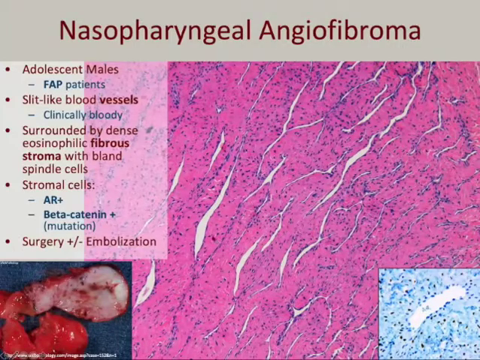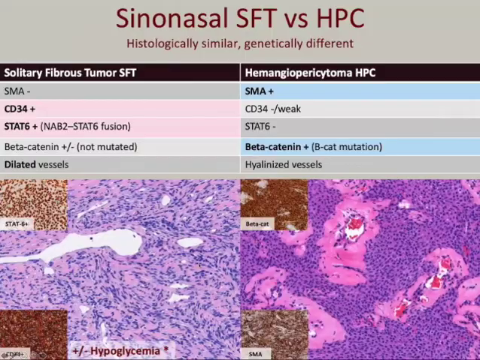The stromal fibrous tissue is positive for androgen receptor, as well as, of course, beta-catenin, both in patients with and without FAP. You can have beta-catenin nuclear expression, depending on whether there's a beta-catenin mutation or an APC gene mutation. Both manifest with nuclear beta-catenin. These are very vascular, so often they undergo embolization prior to surgery, so you may see embolic beads in the lumina. I'm sorry, I don't have a photo of that here.